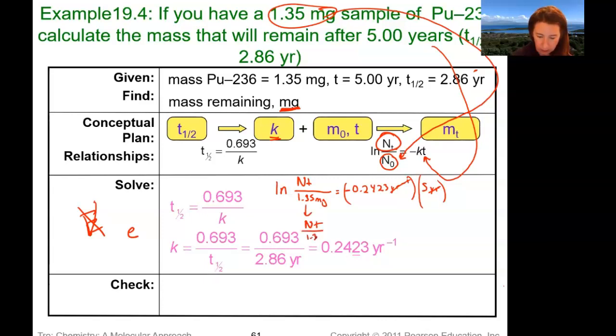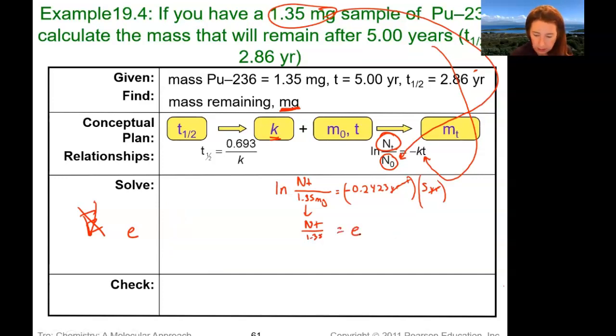N_t over 1.35 equals e to the negative 0.2423 times 5, and then times 1.35. I'm only doing this math this one time. Usually I don't do the math for you, but I want to make sure everybody sees how I'm doing this because I'm going to fly through it next time. So cross, cross, and you get N.